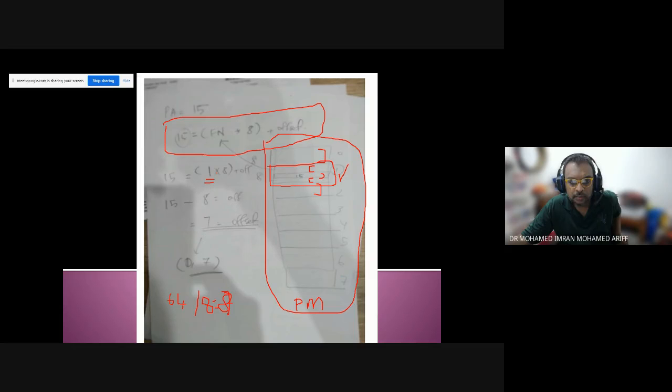Okay. Multiply by 8. 8 tu frame size lah. Okay, itu memang dah tahu dah. Okay, plus offset. Selepas itu saya buat calculation dia, saya dapatkan jawapan untuk offset ialah 7. Now, the answer for logical address ialah dalam bentuk 2 numbers, right? Dia kena ada bentuk page number and comma offset. Offset sudah diberi. Now, page number tak tahu.